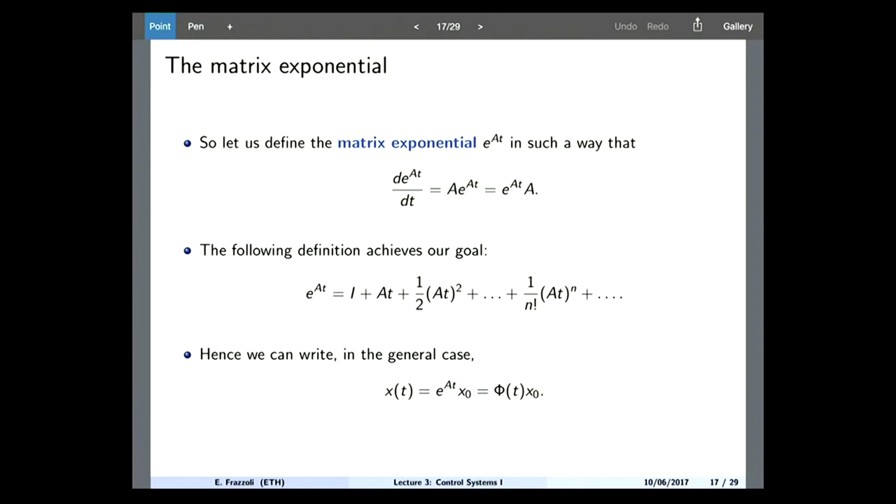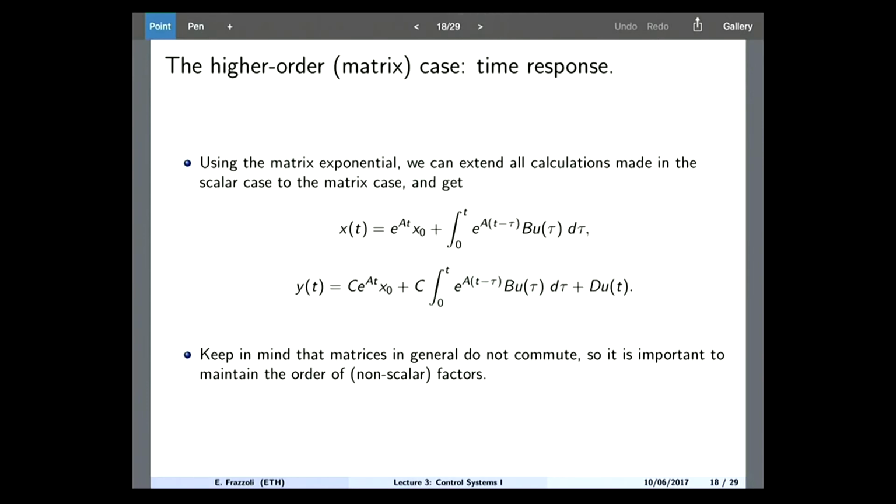There is only the difference that now the argument of that exponential is actually a matrix, no longer a scalar. Just an important difference, but in terms of how you write the formulas, it doesn't matter. So we can just redo all the calculations that we've done before, the same argument, split the initial condition response and the forced response, and what we get is, again, x of t given by the initial condition response plus the forced response.